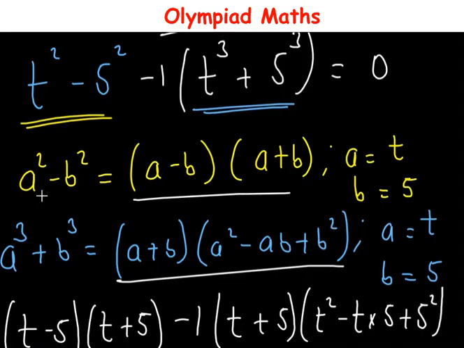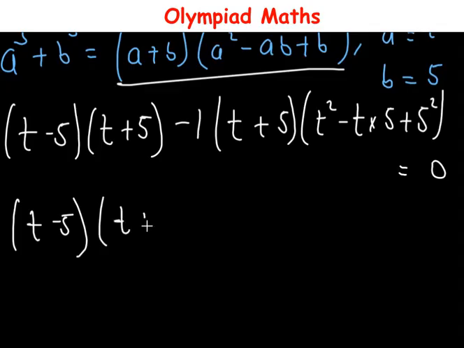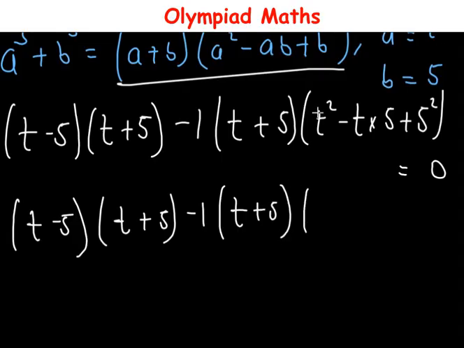All of this is equal to 0. So equate this to 0. Now from here we have in brackets t minus 5 multiplied by t plus 5, then minus 1 multiplied by t plus 5 multiplied by t squared. Now minus t times 5 is minus 5t plus 5 squared is 25, all is equal to 0.